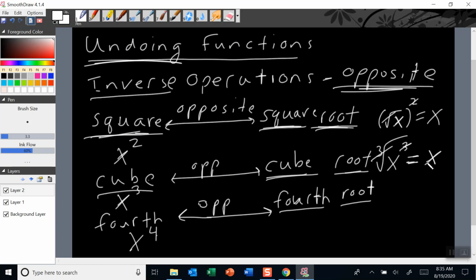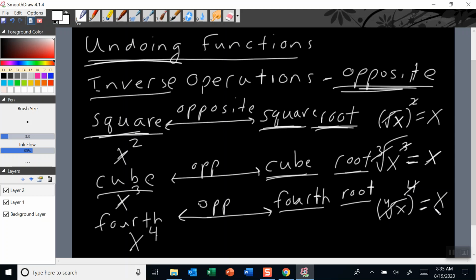And how about the same thing for a 4th root? Let me start out with the 4th root of x. What is the opposite of the 4th root? Well, we raise it to the 4th power. Okay? And the 4th root and the 4th power, they cancel, and we get x.